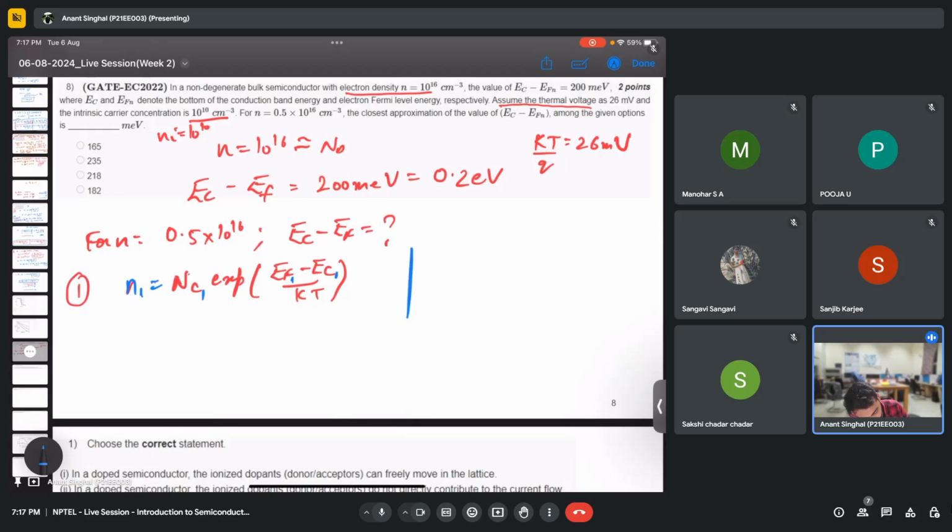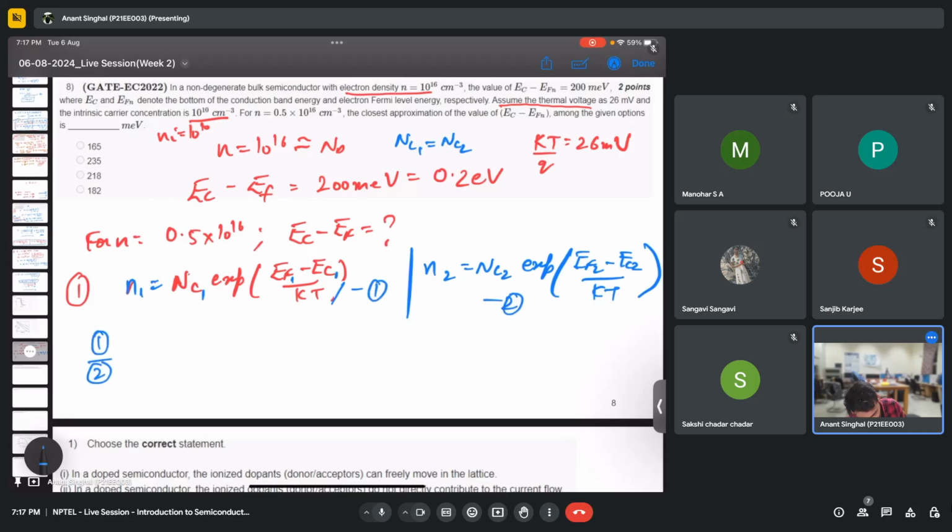And for the second semiconductor we will have the same, NC2 exponential of EF2 minus EC2 over KT. Since there is no temperature difference, NC1 will be equal to NC2 for both the semiconductors. So what I'll do is divide the first equation by the second equation. So I'll get N1 over N2 as exponential of EF1 minus EC1 over EF2 minus EC2.